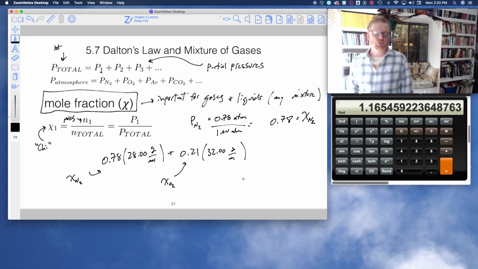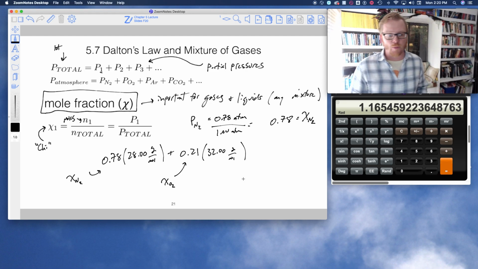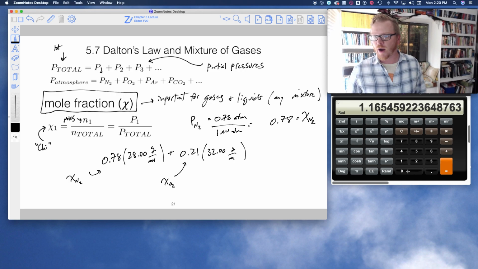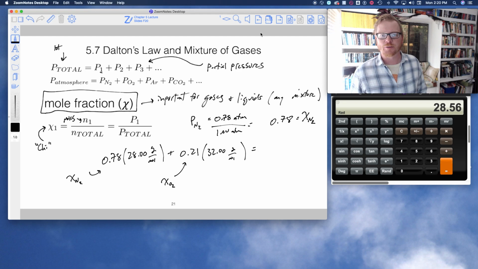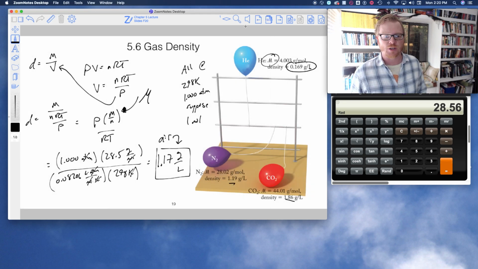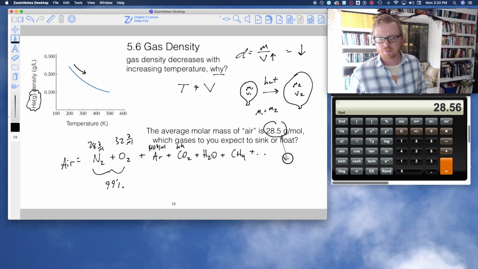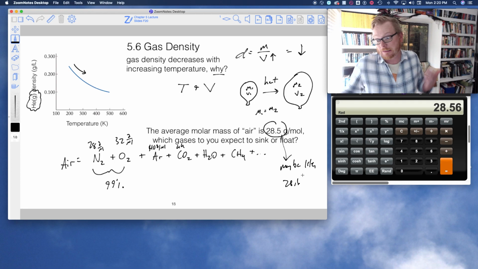And if I just use those two, I know we've only got 0.99 of the fraction, but if we just use those two, 0.78 times 28 plus 0.21 times 32 gives 28.56. And really, I was kind of cheap on my sig figs back there. I probably should have used maybe 28.6. Okay.